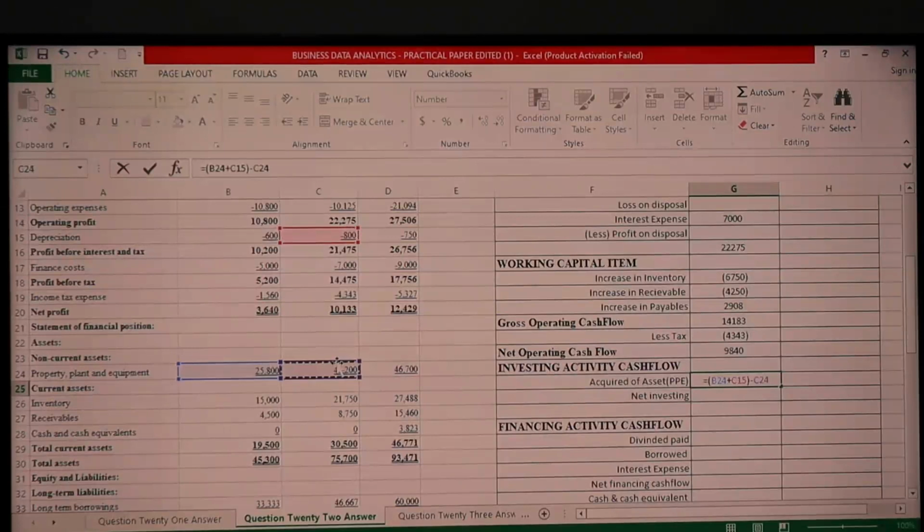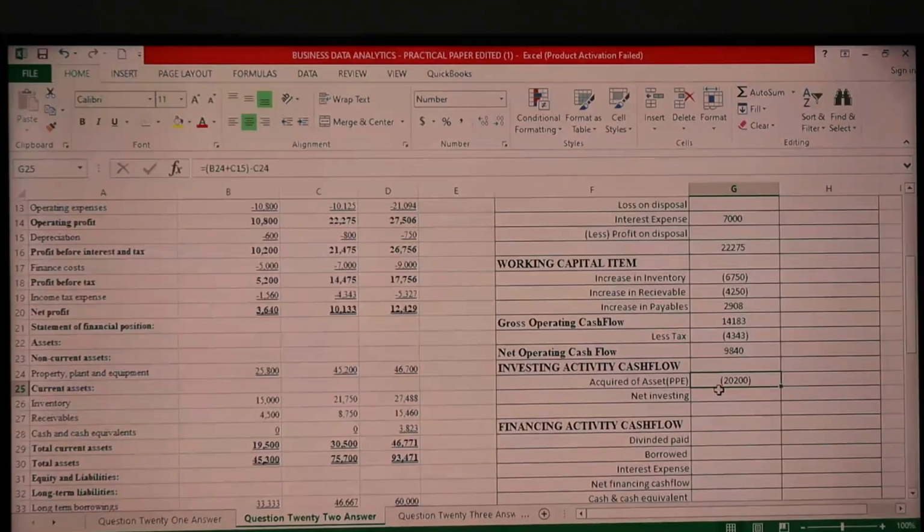And this one will give us that the acquired asset PPE is a part of cash outflow, that we actually bought more equipment. So that means we spend, anywhere we get minus, it means we spend that amount to get that particular value.